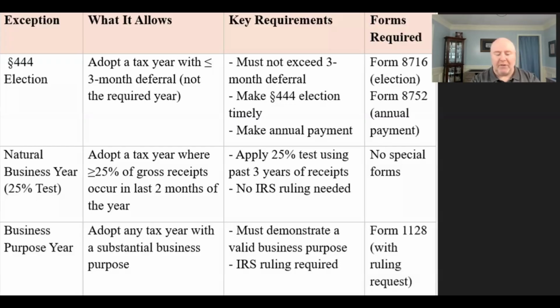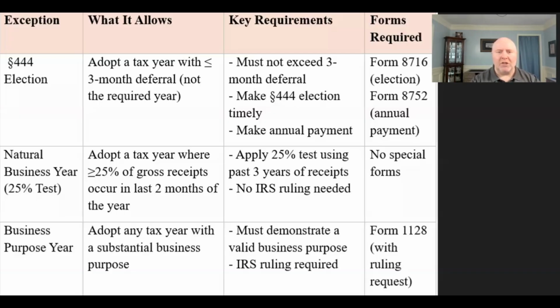But what the IRS is basically saying is, look, if we gave you a 3 month deferral and we're saying that you can take an October 31st tax year but your required tax year should have been in December, that's 2 months from when your partnership ended until your partners are going to be reporting that income. And because of that, it's like a tax-free loan to them.